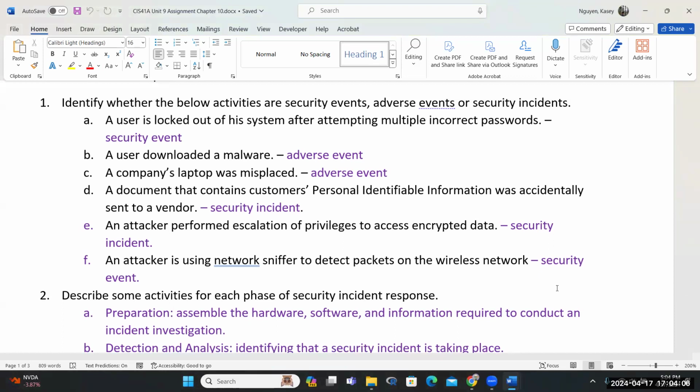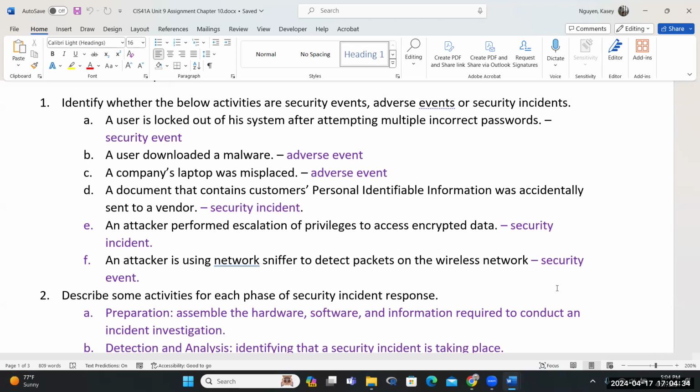So an adverse event is when the user downloaded the malware. So an event is like an inconvenience. An event could also be a positive event, right? Your system tracks all events, okay? But for a security event, usually the connotation behind it is something that's negative. So if I'm locked out of my computer, it's a security event.